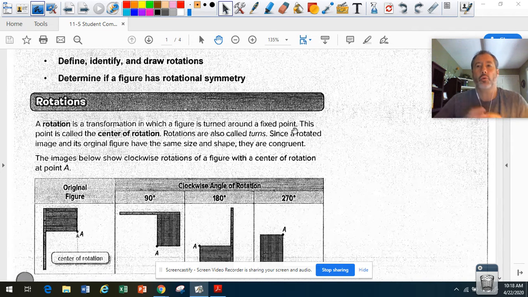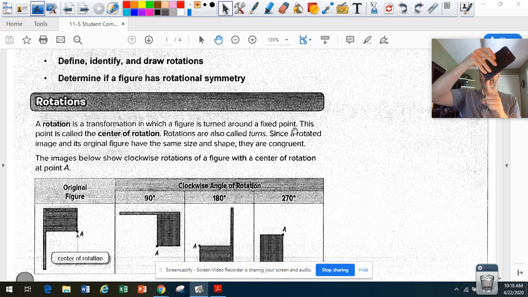That's where we're going to take that object and rotate it around that particular point. If I take my phone here and I say, okay, I'm going to rotate it around this corner here, that means that corner is going to stay in the same place, and I'm going to rotate it around that corner right there. Okay, that's our center of rotation.